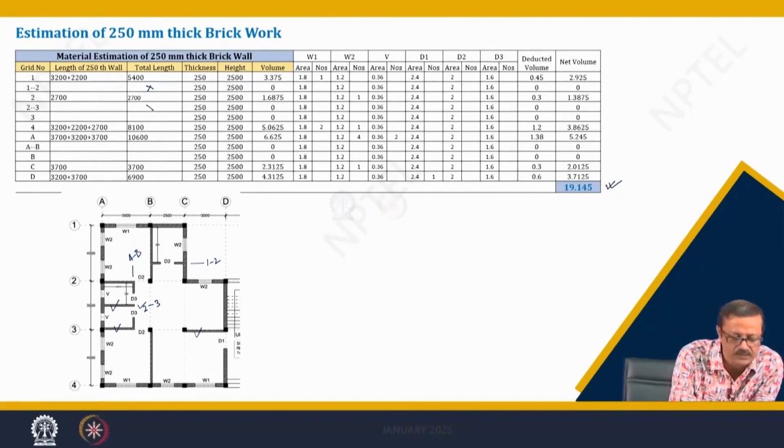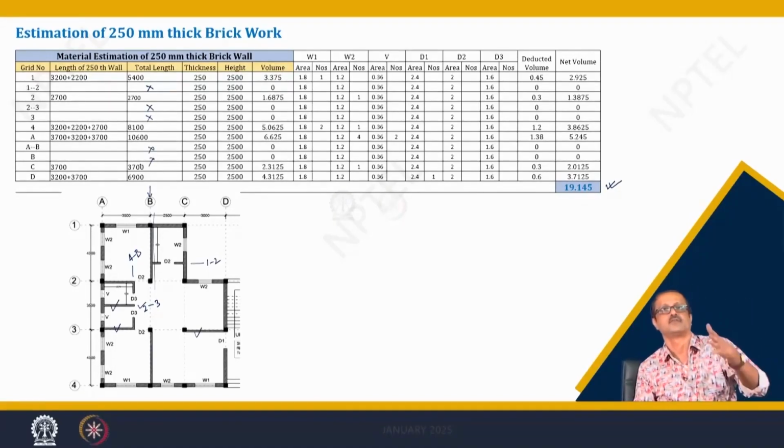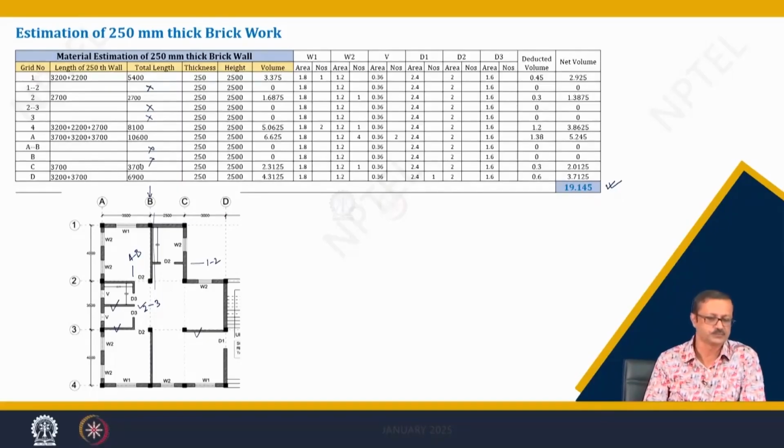AB and B are also blank, because they do not have any 250. So, like that, in which grid what is the length of the brickwork, that I have taken.